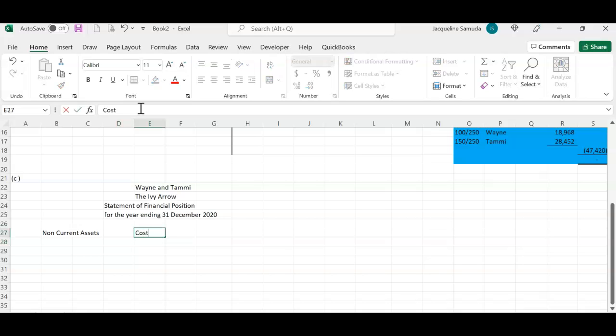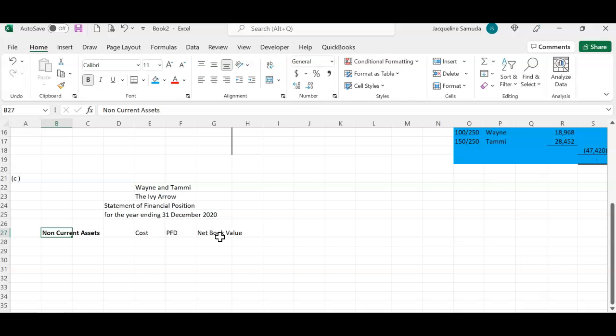We're going to pick up the cost, the provision for depreciation, and the net book value. These headings only relate to the non-current assets.